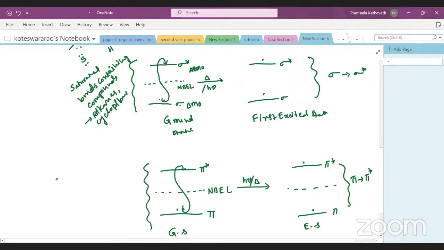In unsaturated bonds containing compounds.